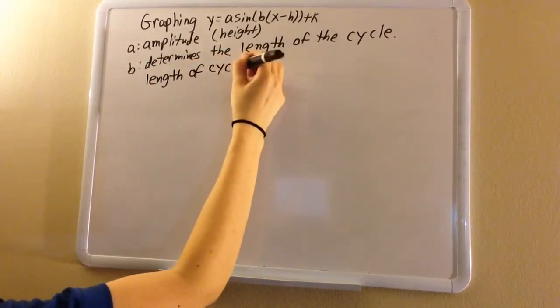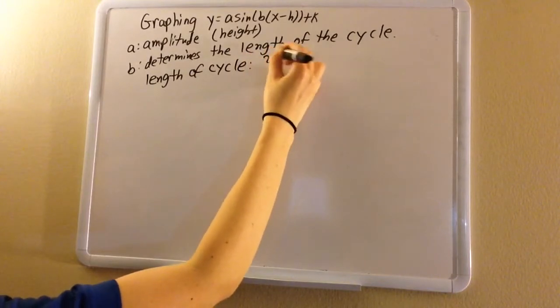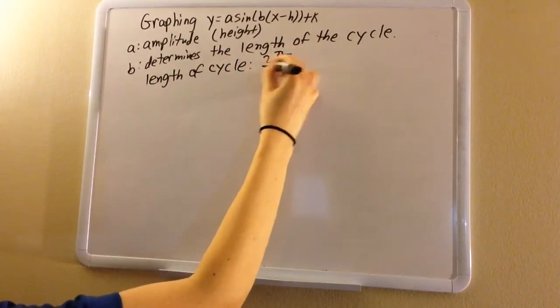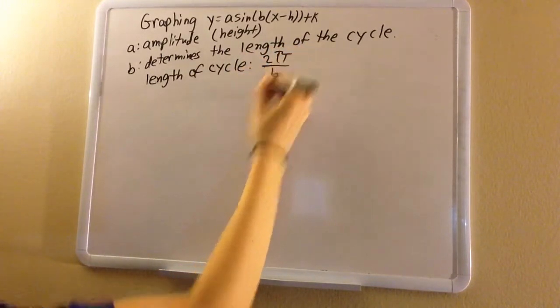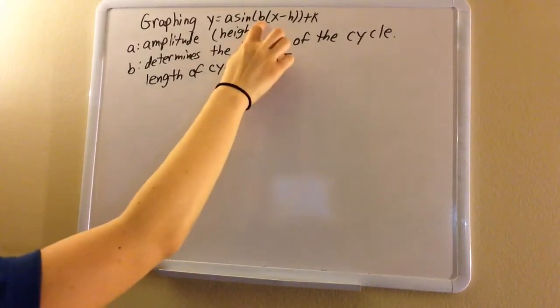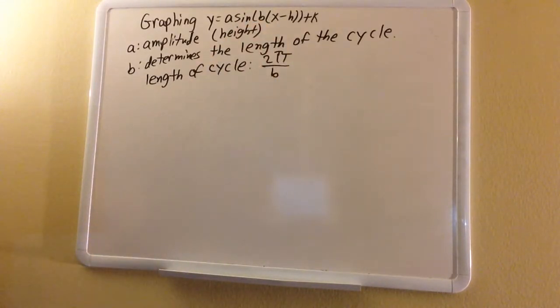We can find that by doing 2 pi, which is the original length of the cycle, divided by b, which is just whatever's multiplying the x there. So that's what the length of the cycle is equal to.